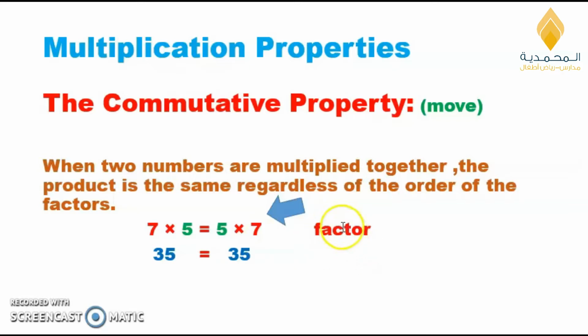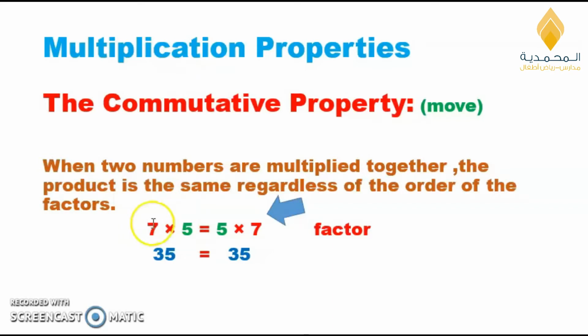What's the meaning of factor? 7 is a factor and 5 is a factor, so the two numbers that are multiplied together are the factors.